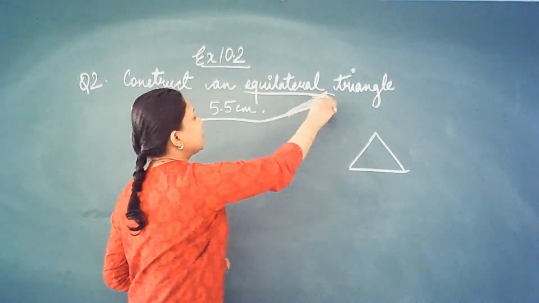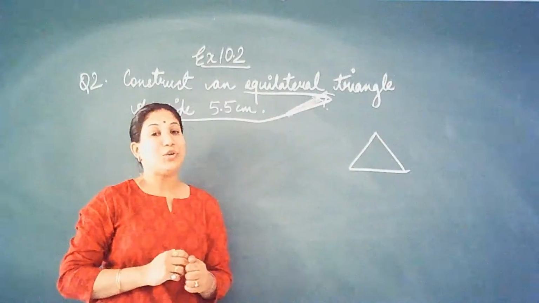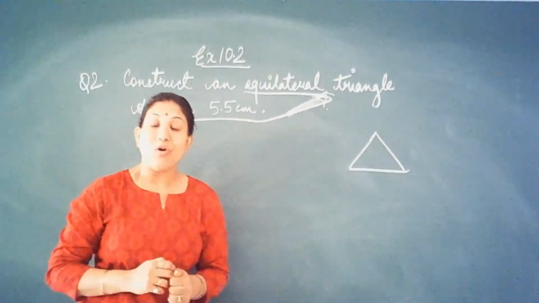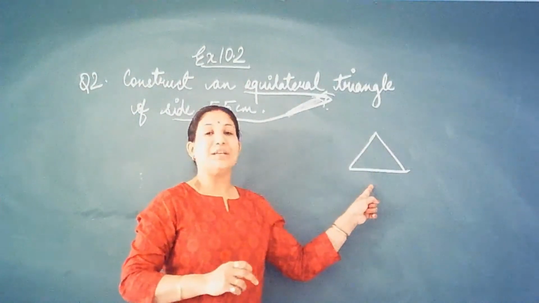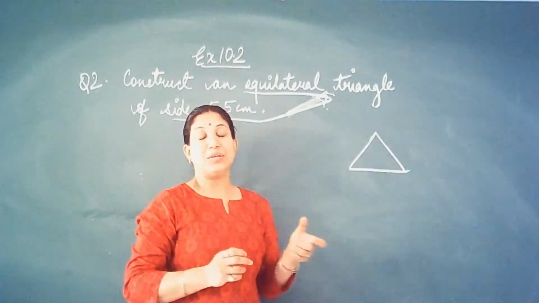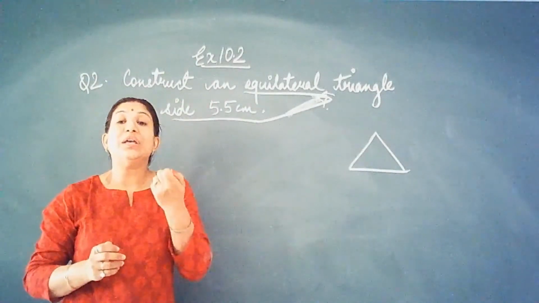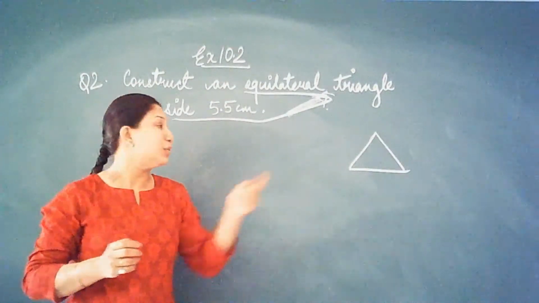This is your equilateral triangle. What do you mean by equilateral triangle? It means the measurement of the three sides of this triangle will be the same. Yes or no? Equilateral, equal. The word equilateral suggests equal. The sides of the triangle will be equal.